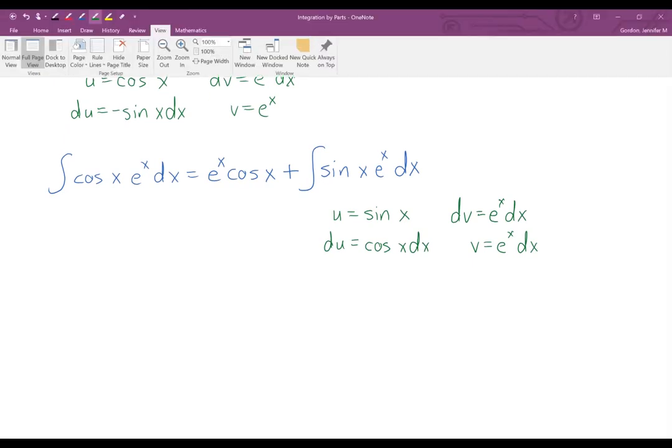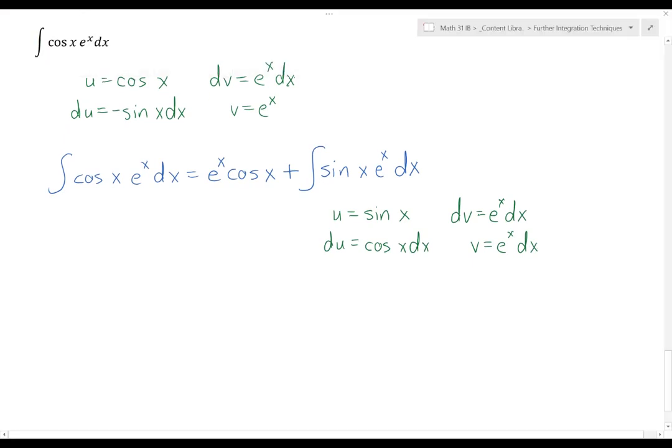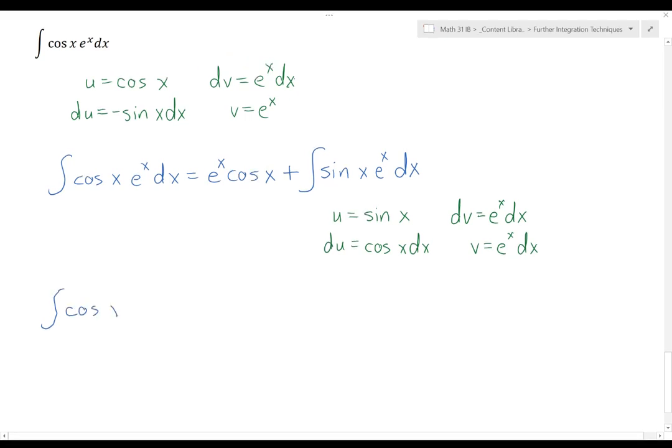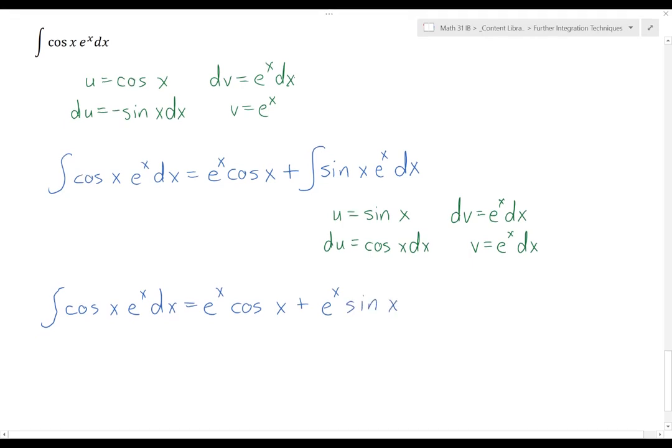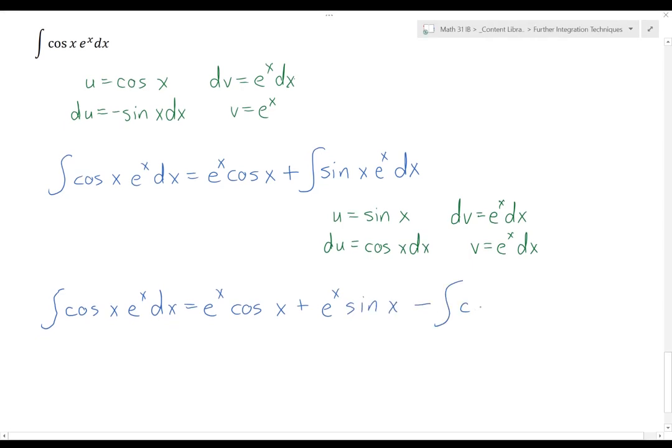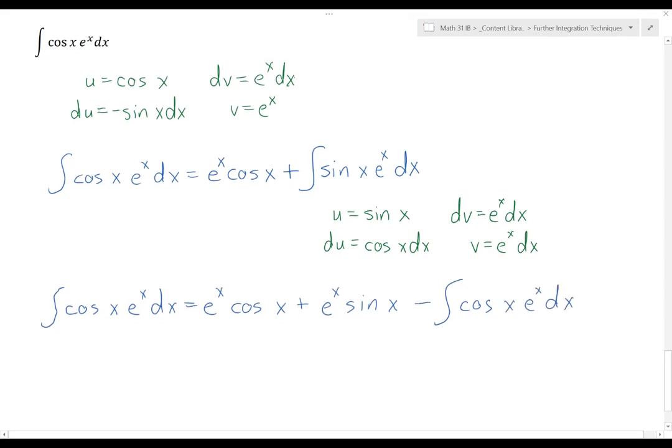So this brings us full circle. I'm going to actually rewrite my original integral here. So the integral of cos x e to the x dx equals e to the x cos x plus e to the x sine x minus the integral of cos x e to the x dx.